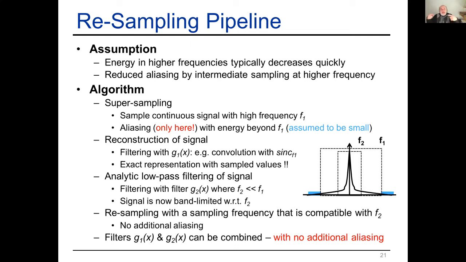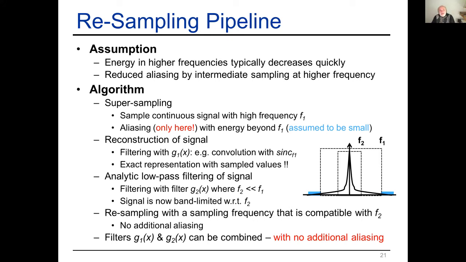And then I resample, and this is where the name of the pipeline comes from. I resample my function G2. And because I've removed the high frequencies, I'm not adding more aliasing, right? Because I've removed the high frequencies that would cause aliasing.